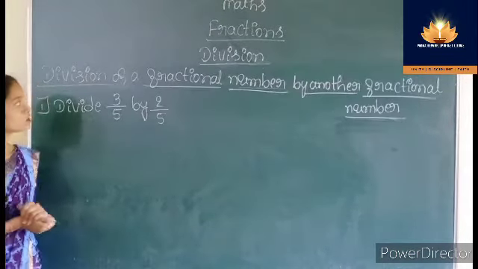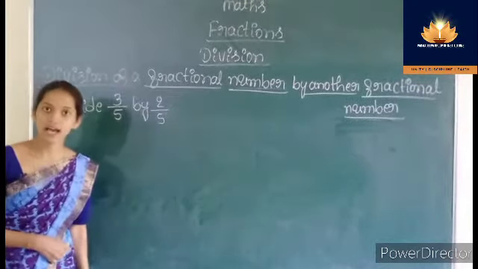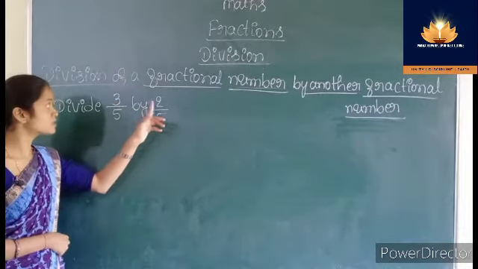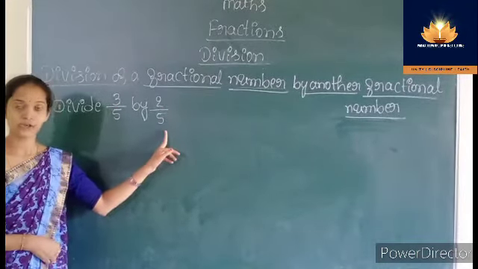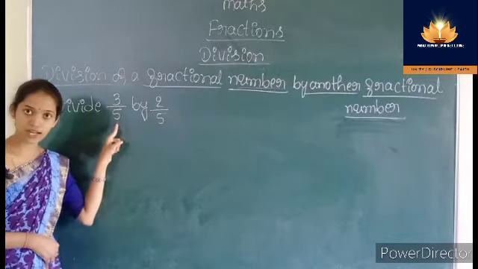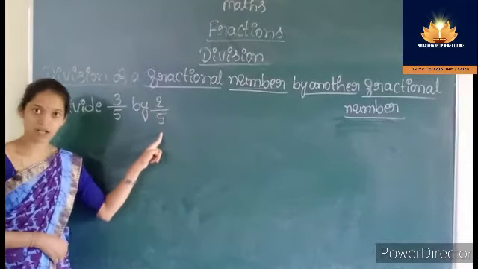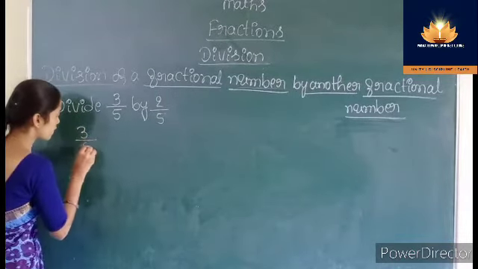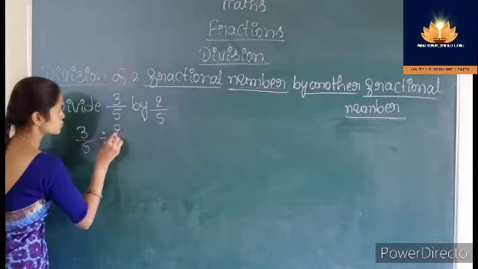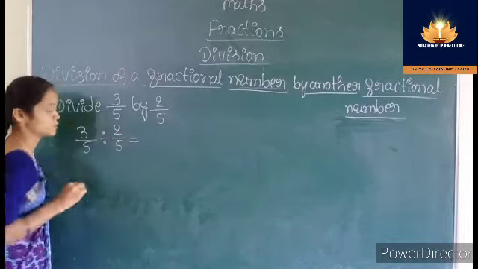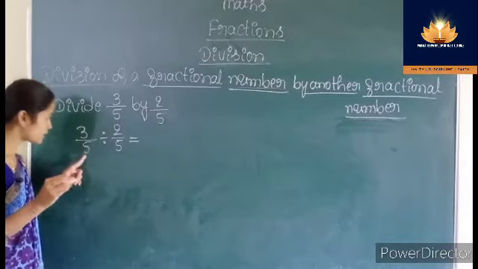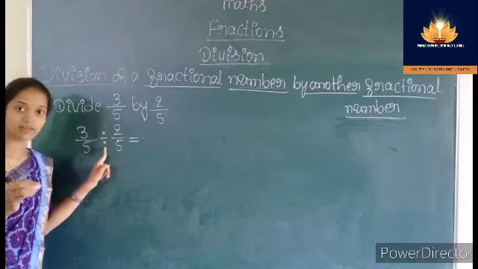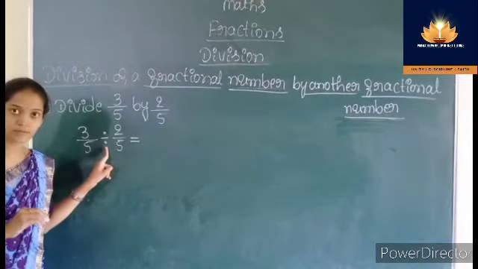Then let us see how to divide a fractional number by another fractional number. Divide 3 upon 5 by 2 upon 5. So here 3 upon 5 is a fractional number and 2 upon 5 is also a fractional number. Right. So 3 upon 5 divided by 2 upon 5. To divide, we have to change the division symbol into a multiplication symbol.